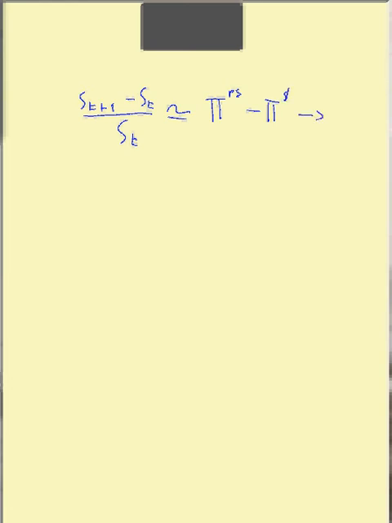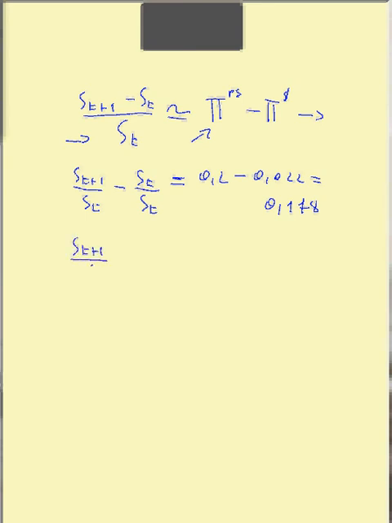From here we can split again this fraction, and we have S_T+1 over S_T minus S_T over S_T must be equal to the inflation rate in Argentina, 0.2, minus the inflation rate in USA, 0.022. So this difference is equal to 0.178.